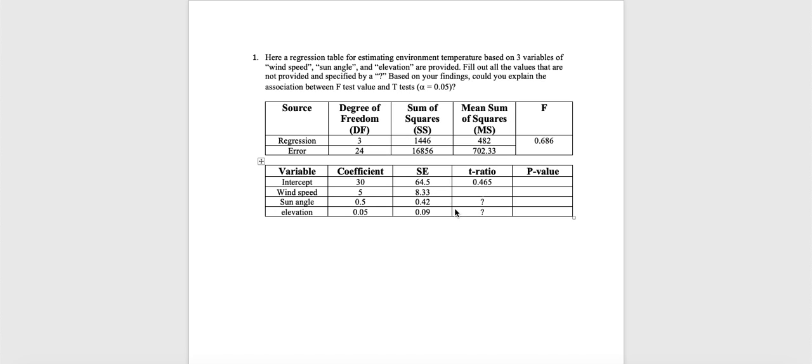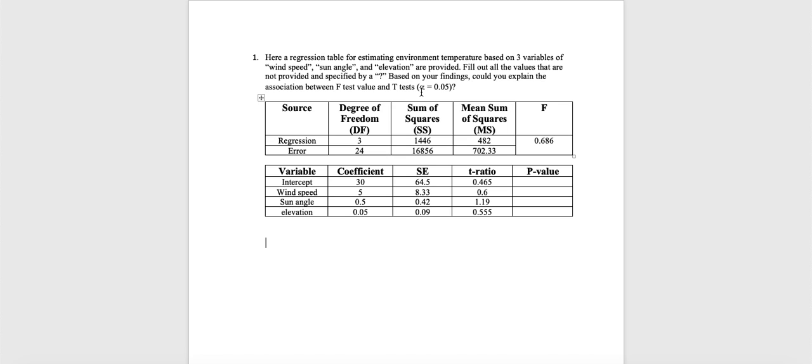For wind speed, 5 divided by 8.33 gives us 0.6, and sun angle, 0.5 divided by 0.42 gives us 1.19. And finally, elevation, 0.05 divided by 0.09 gives us 0.5 repeating. Let me get this off the screen. So that's the first part of this problem.